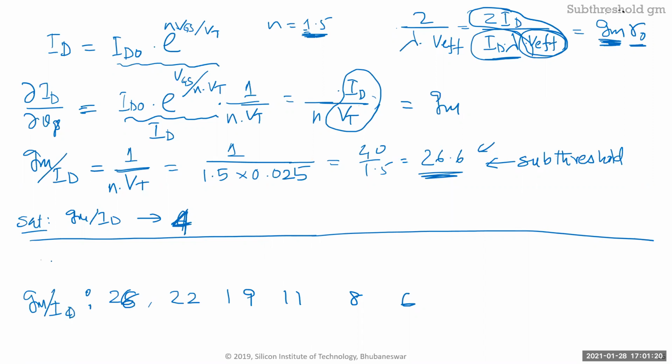I'll send you a link to a paper where it calculates what's called the inversion coefficient. It basically tells you if you have inverted the channel or not. And the correspondence of inversion coefficient to GM over ID is this.